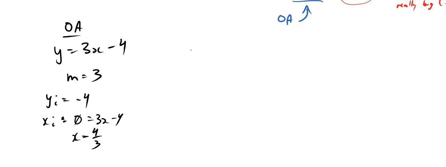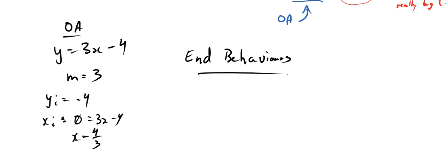Okay, so now we're going to look at the end behaviors, or the behaviors around the asymptote. And I'm just going to remind myself that the remainder is 4 over x plus 2. That's what we're going to use.